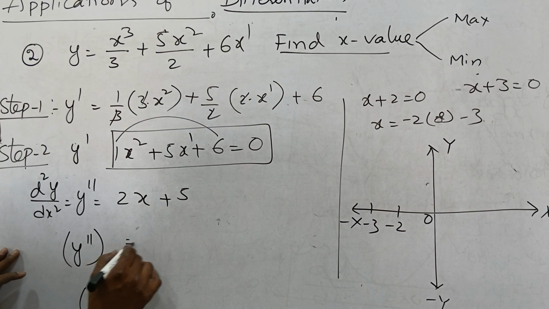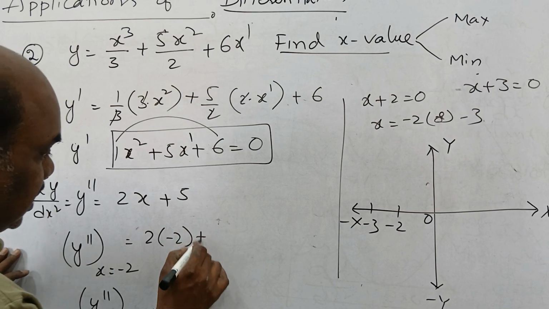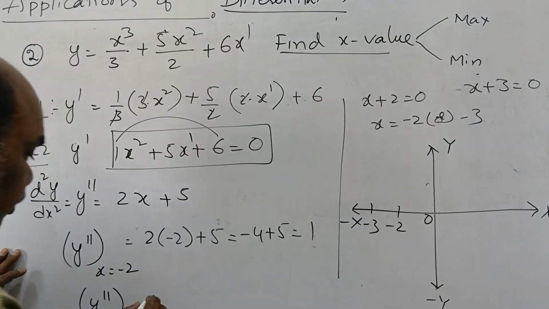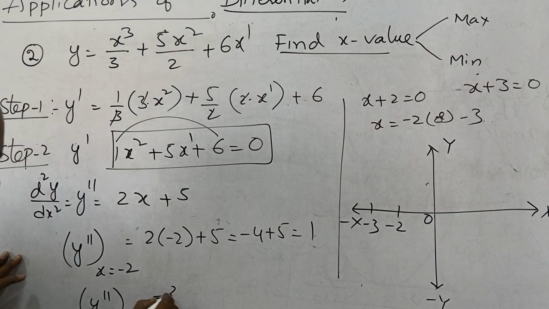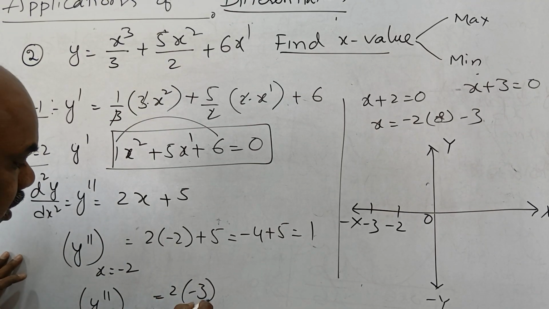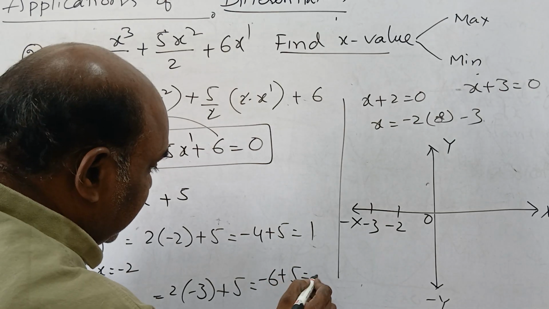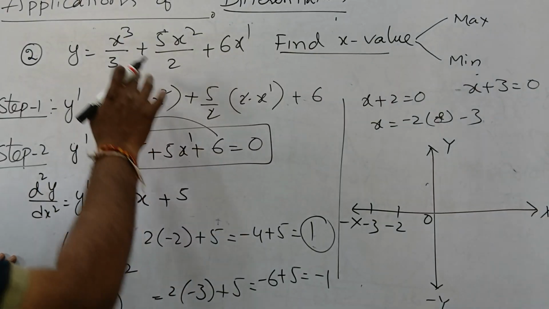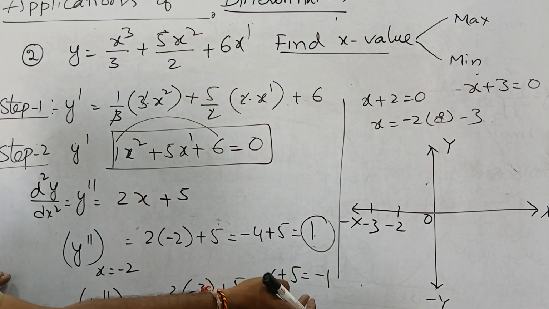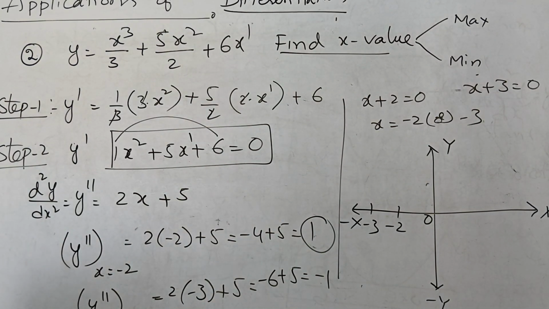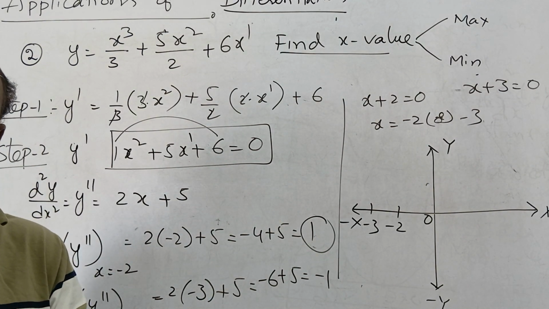So 2 into minus 2 plus 5, minus 4 plus 5, which equals 1. Substituting minus 3, 2 into minus 3 plus 5, minus 6 plus 5, which equals minus 1. That means the function has a maximum at one point and a minimum at the other. This is the way of finding maximum and minimum values of the given function.